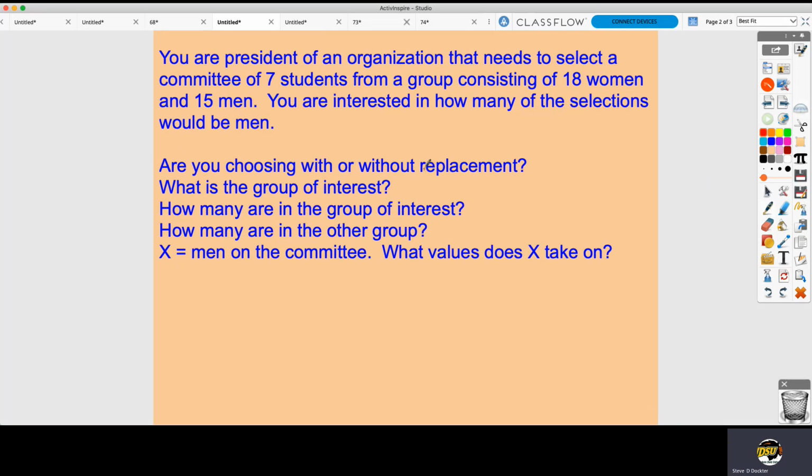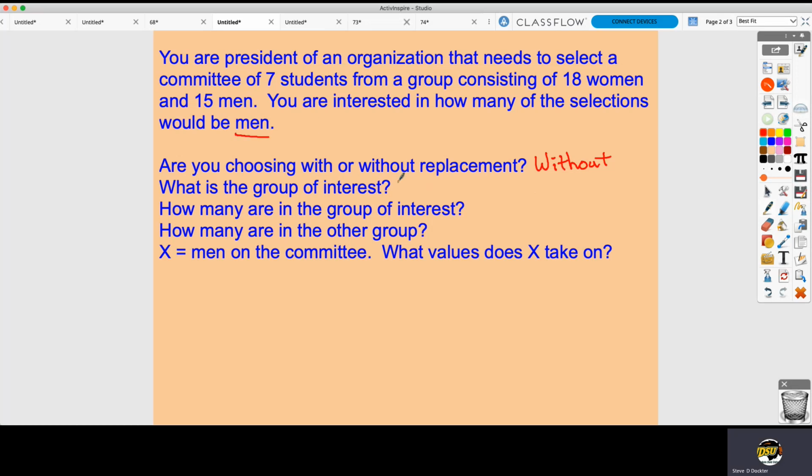Is this going to be with replacement or without? Why? Right, you're not going to put the same person on the committee twice, so that is without. A lot of the times they will tell you, but in a situation like this, based on what we just said, that's not even needed to be told. What is the group of interest here?